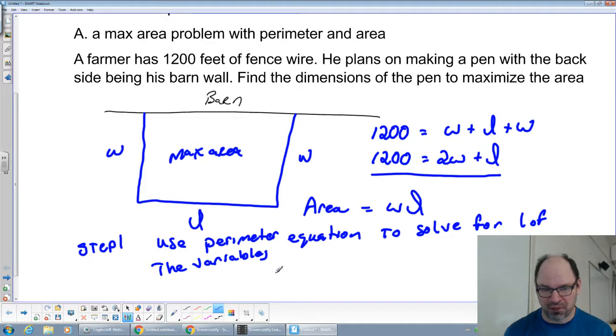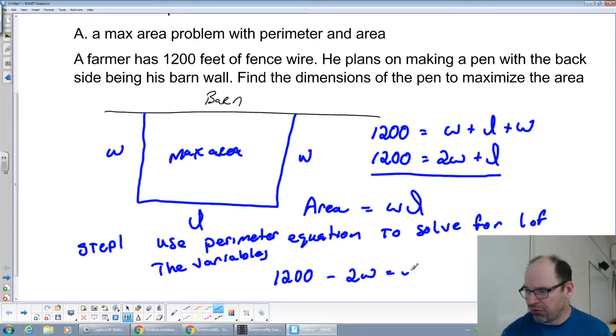I'm going to solve for L because it's a little easier. So I'm going to get 1,200 minus 2W equals L, if I subtract 2W from both sides.